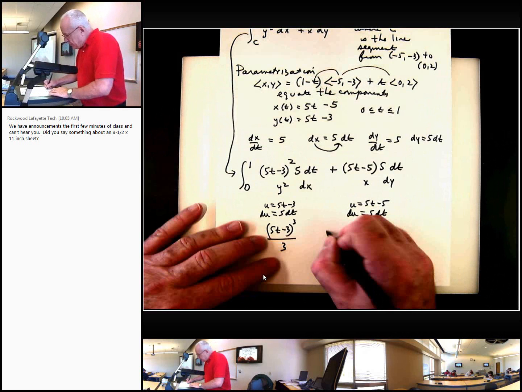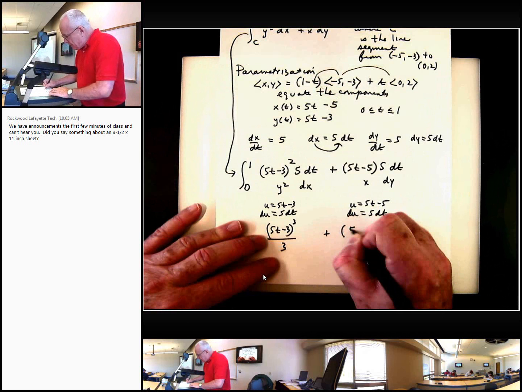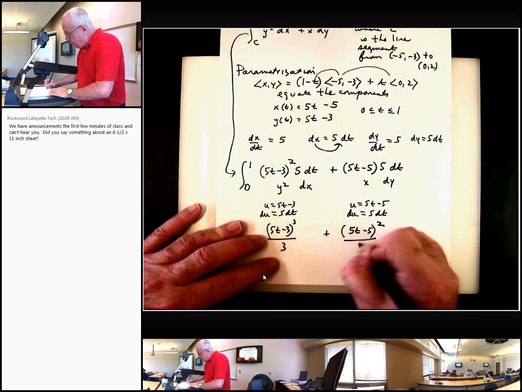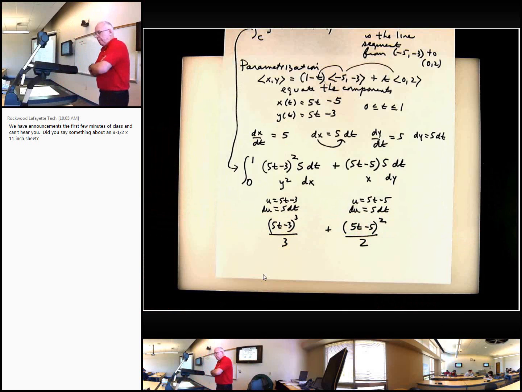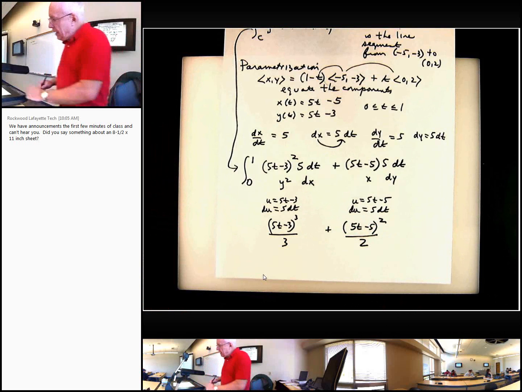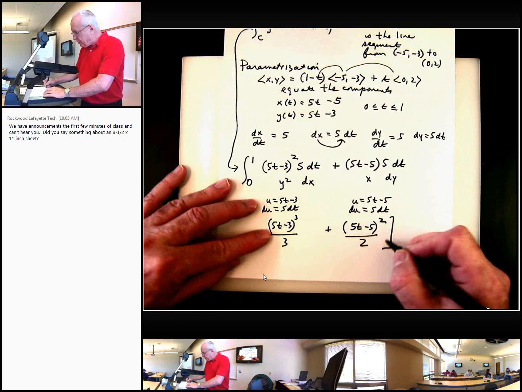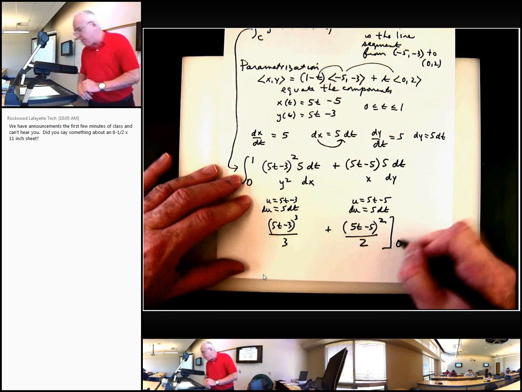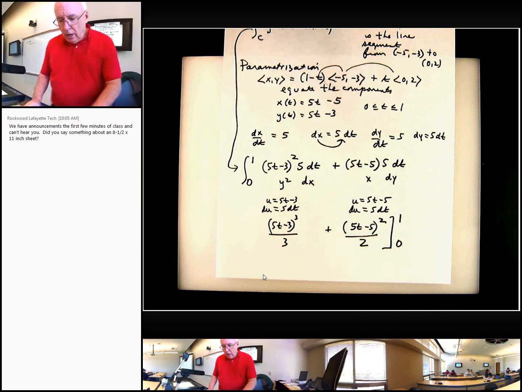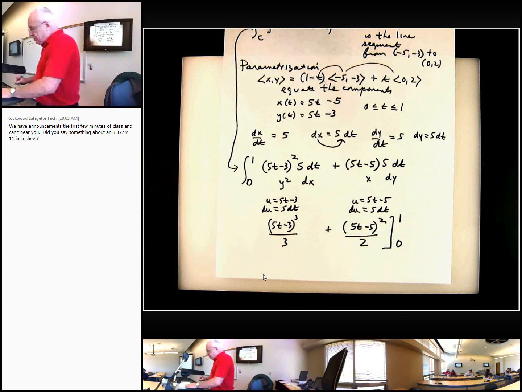So that's going to be plus 5t minus 5 squared all over 2. And then since we're back to our original variable here, I do my limits from 0 to 1. So now we just have a bunch of fractions here.